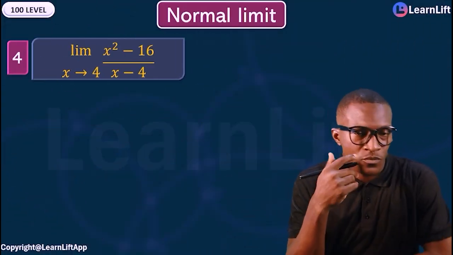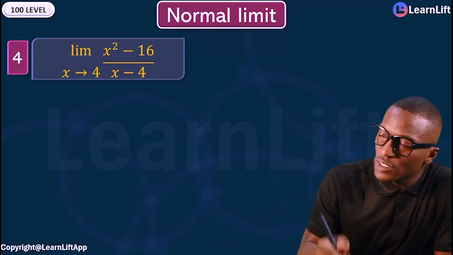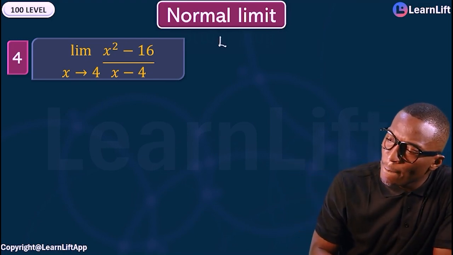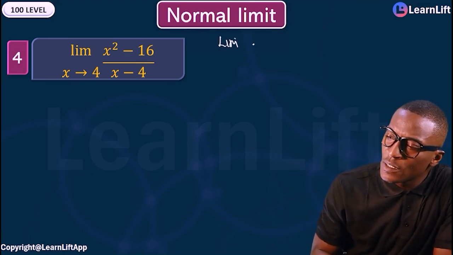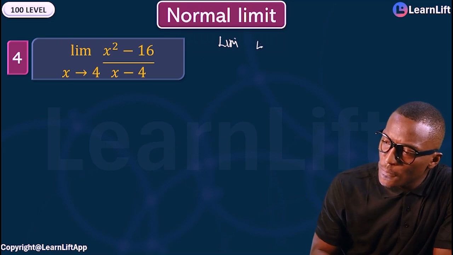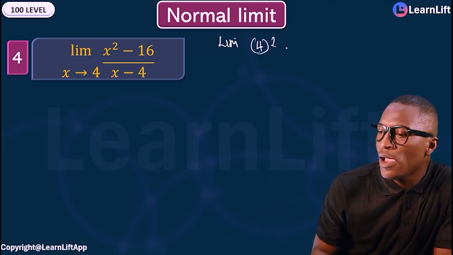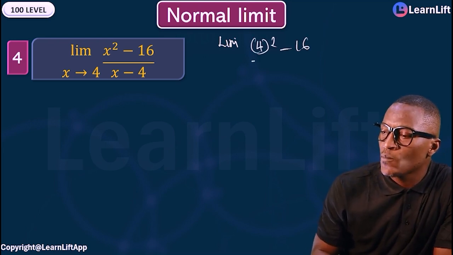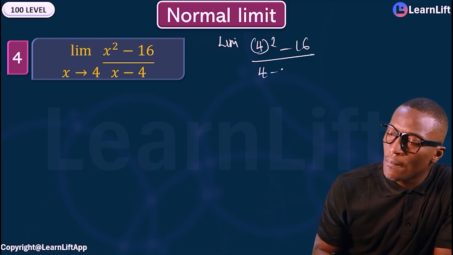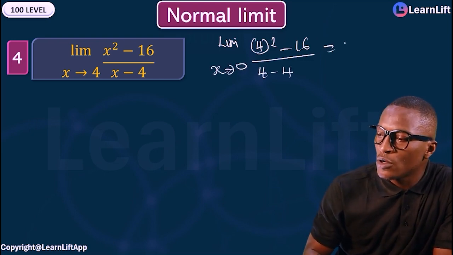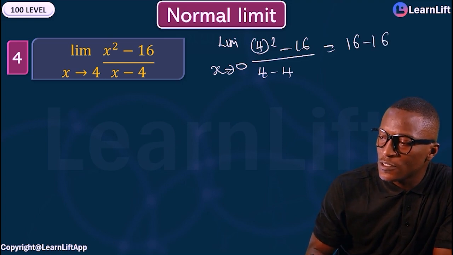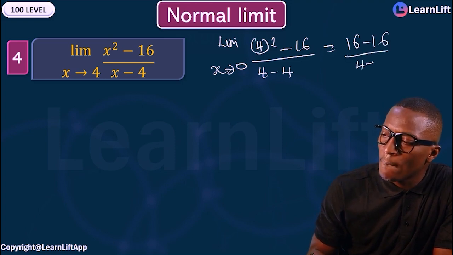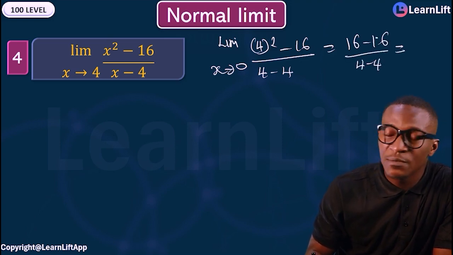Now let's see another question. We're given the limit of x squared minus 16 all over x minus 4. Let's plug in. This now becomes 4 squared minus 16 all over 4 minus 4 as x approaches 4. So this becomes 16 minus 16, which is 0.